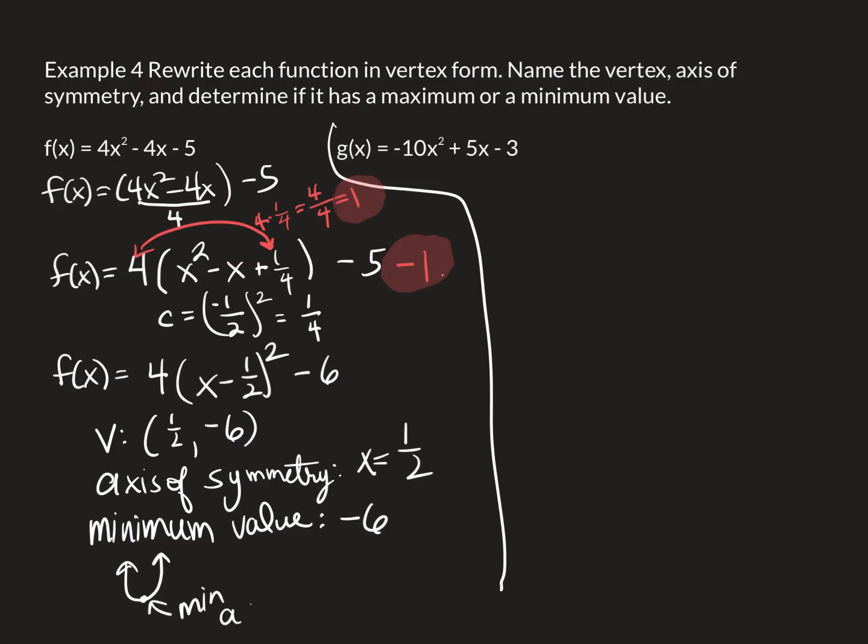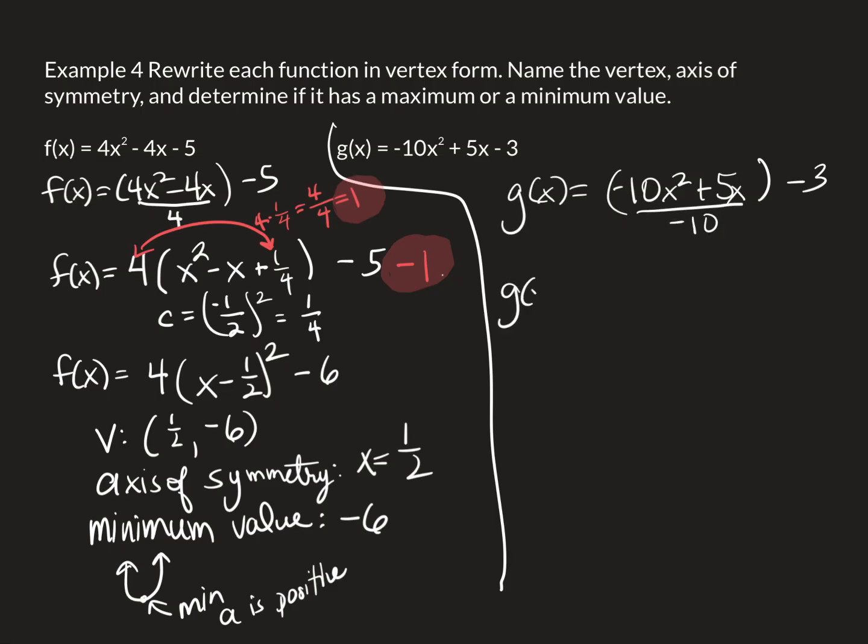And a is positive. Okay, the other one, I'm going to group the quadratic and the linear term together. I'm going to divide by negative 10. I'm factoring that out, so negative 10 will go here, and x squared minus 1/2 x will go here. I'm going to find my new c value.